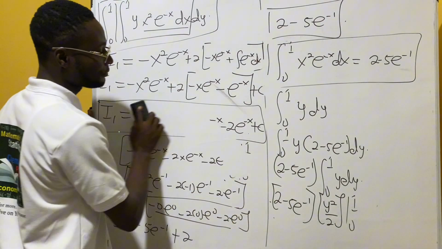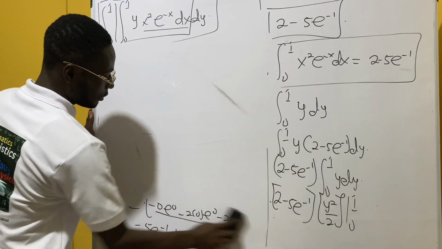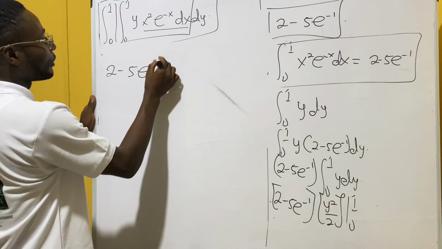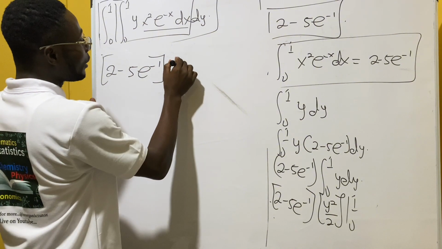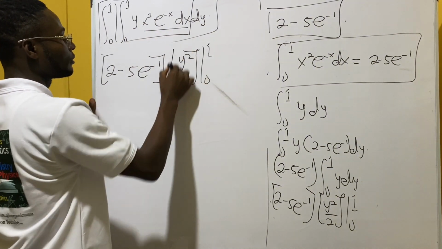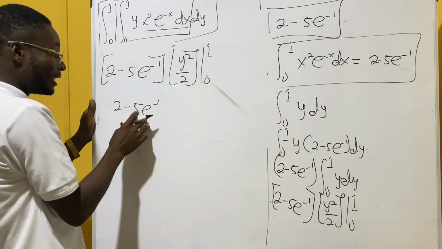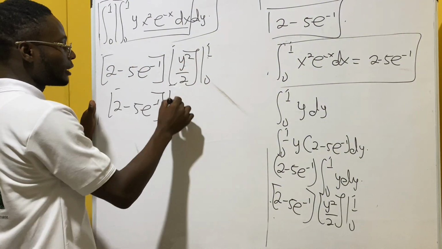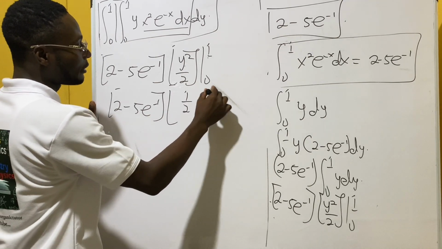When we substitute 1 for y, we have 1 on 2 minus 0.